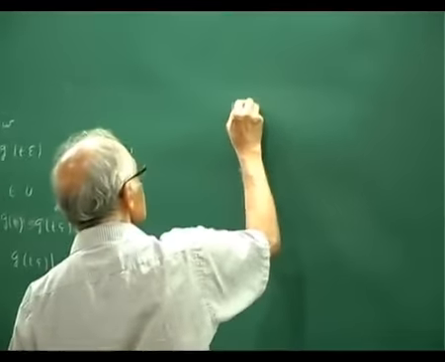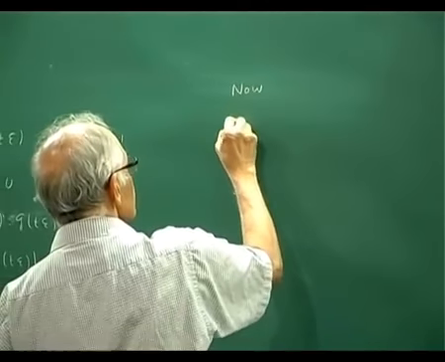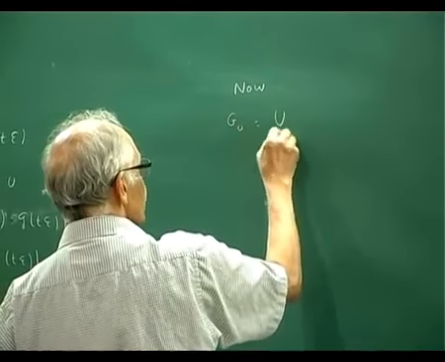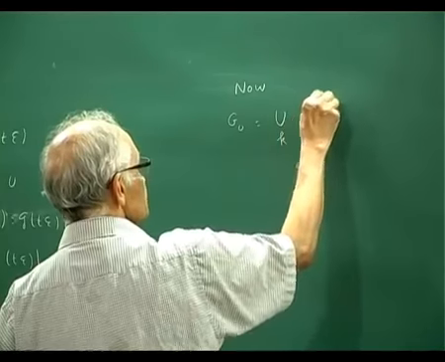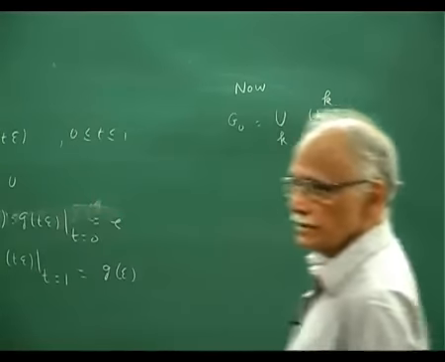Now G0 is a union over k of U to the k. I want to show it's connected.